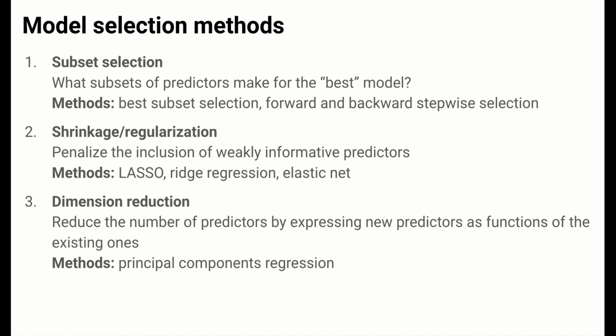The idea here is to reduce the number of predictors by creating new predictors that are functions of the existing ones. We'll look at principal components regression a bit later in the course when we talk about unsupervised learning and principal components analysis. But let's start our tour of subset selection methods by talking about best subset selection.